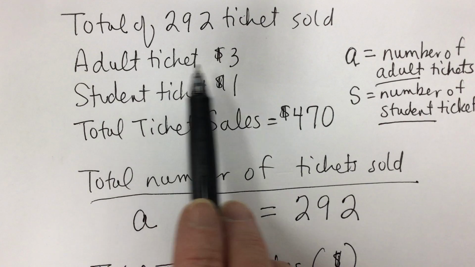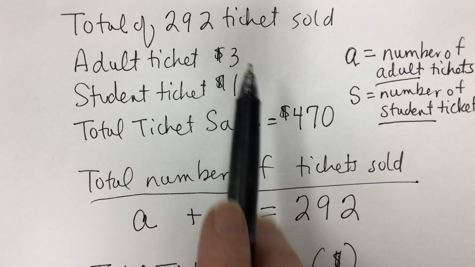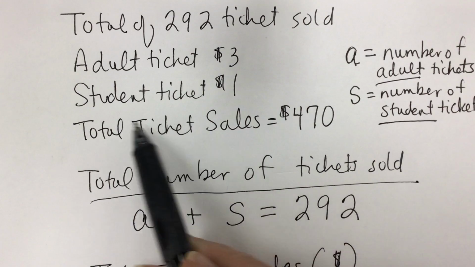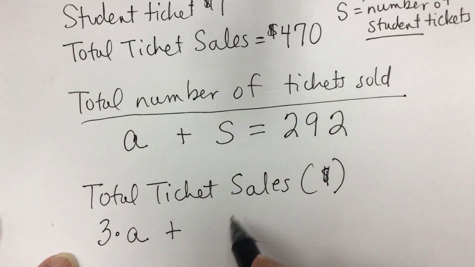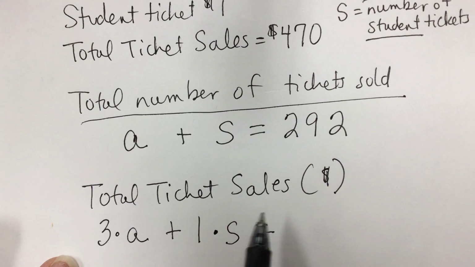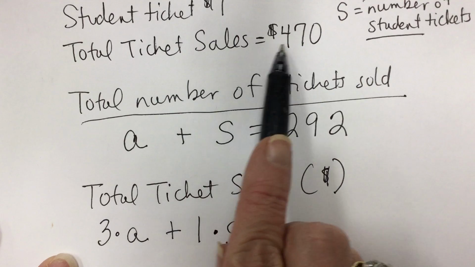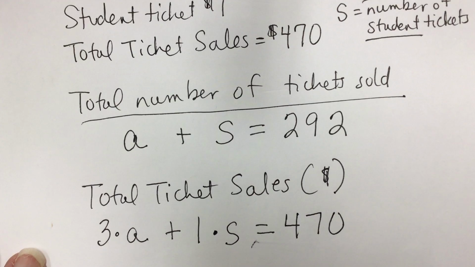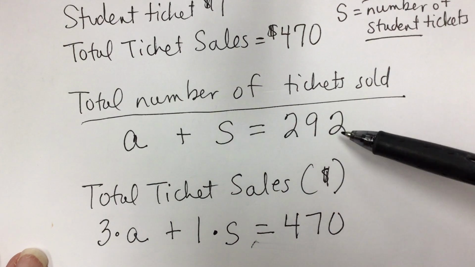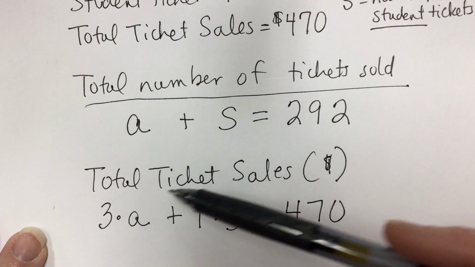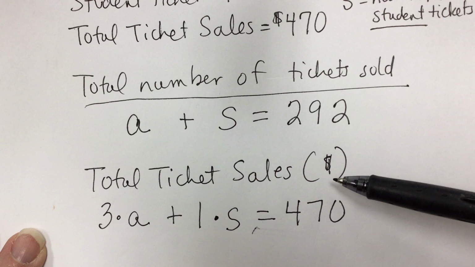Well, I know that each adult ticket is $3, so I'm going to attach a 3 times my A. Every adult ticket is $3 plus every student ticket is $1, so I'm going to attach a 1 times S equals the total ticket sales, which we were told is $470. So this equation represents the total number of tickets sold. This equation represents the total ticket sales, your money.